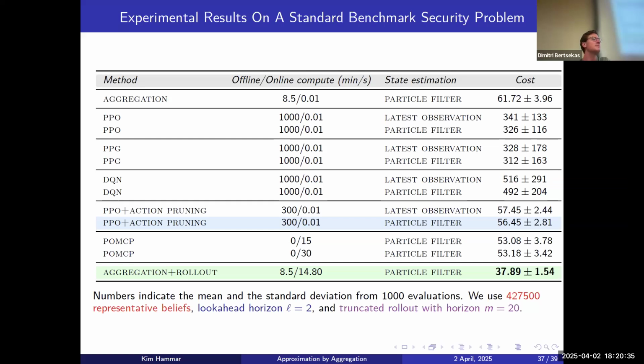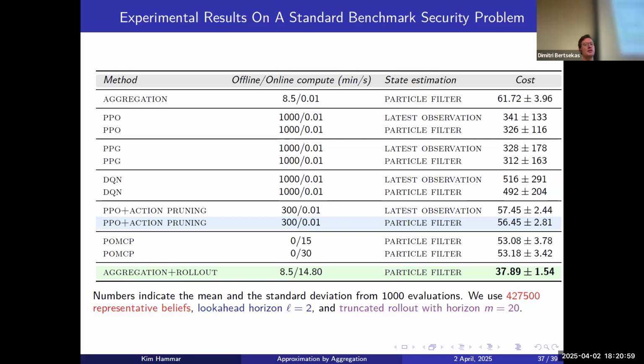Any other question? These are the first order methods. First order methods? Like first order optimization. Yeah, the first order, they're based on policy gradient, but they estimate the policy gradient based on data. So it's not the true policy gradient.